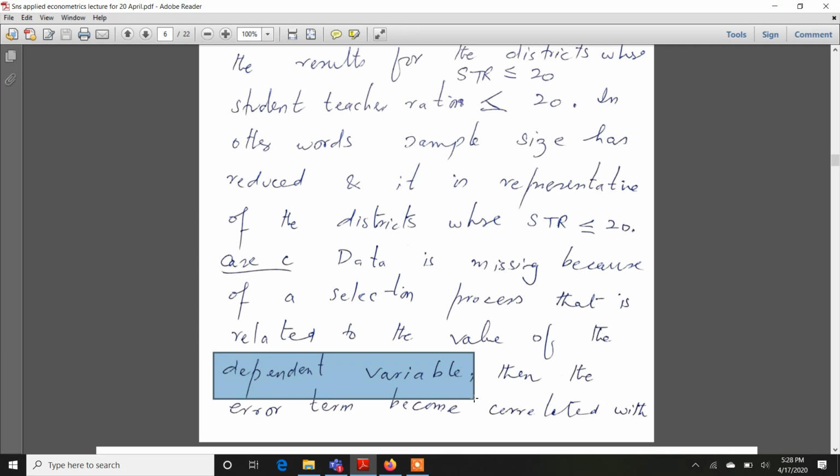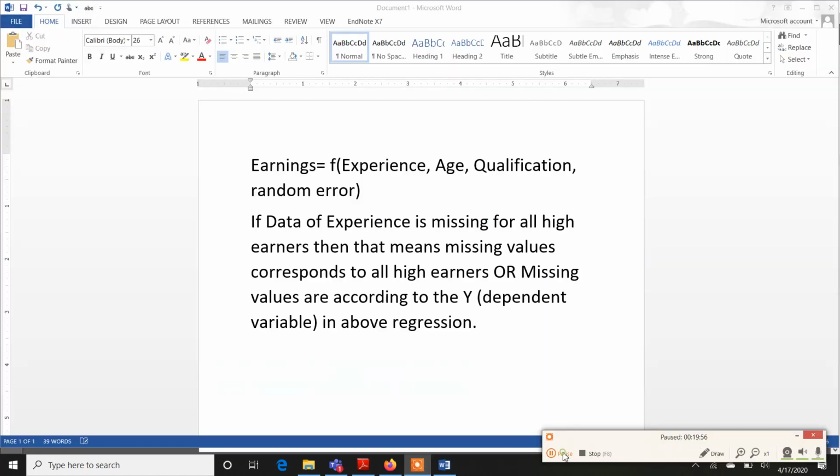Let's say I refer back to that example of earnings, where I was discussing that you have to get data on earnings, right? So let me discuss one example.